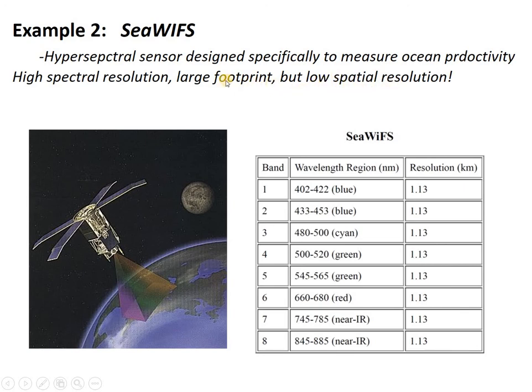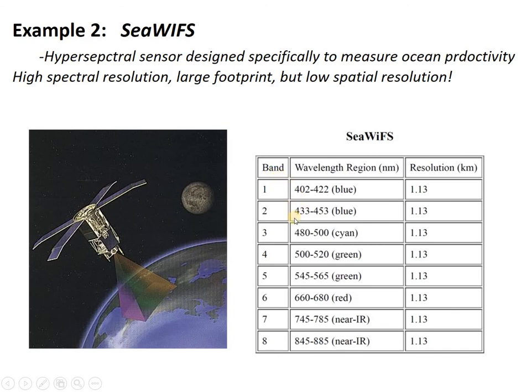So they're able to put this on board a satellite, fly high, have relatively few photo sites on the detector, and therefore have big pixels, pixel sizes around 1 kilometer. And at the same time, they were able to have relatively high spectral resolution. They couldn't collect 224 bands, but they were able to collect 8 different bands that were each more narrow than a typical satellite, like Landsat, might collect.